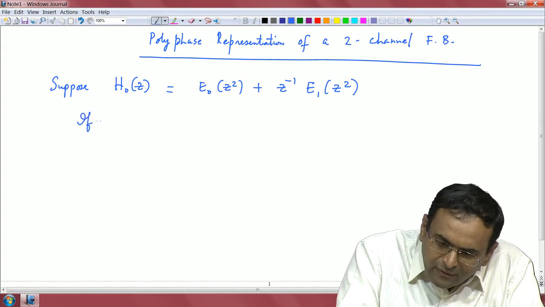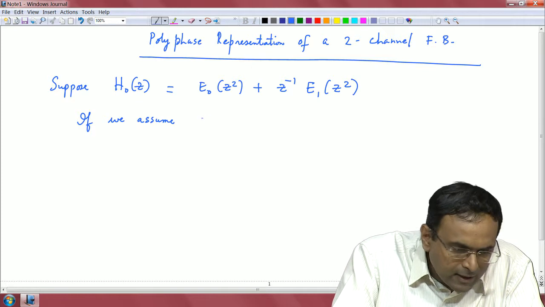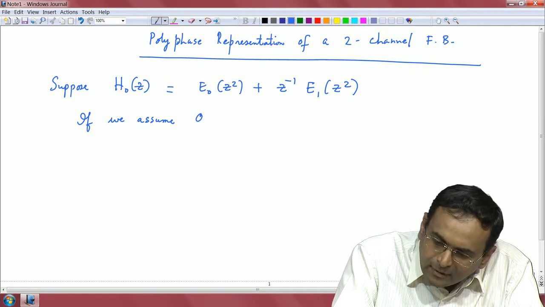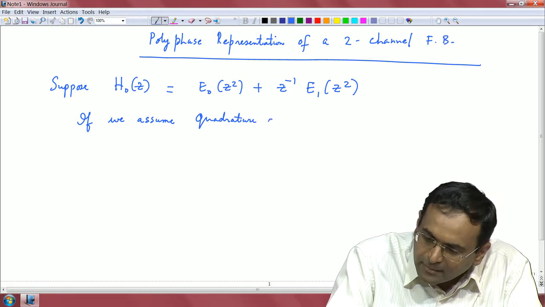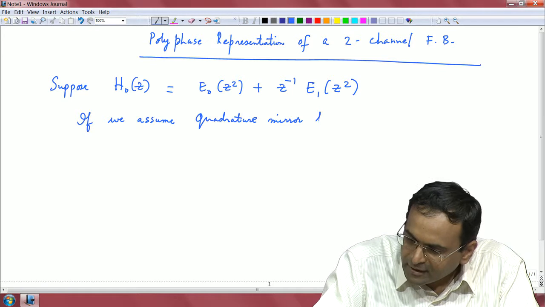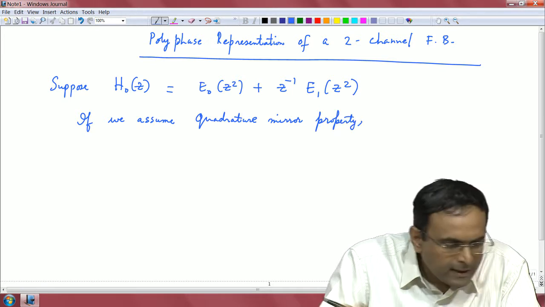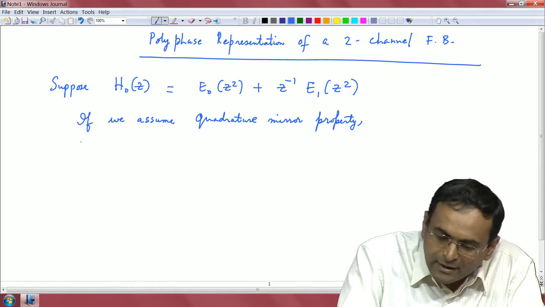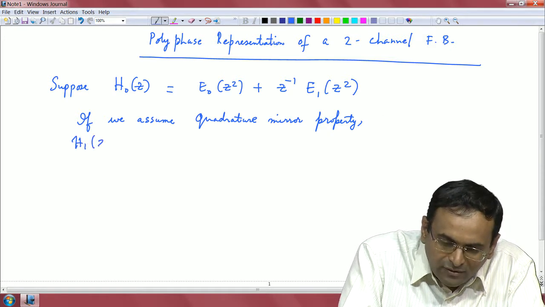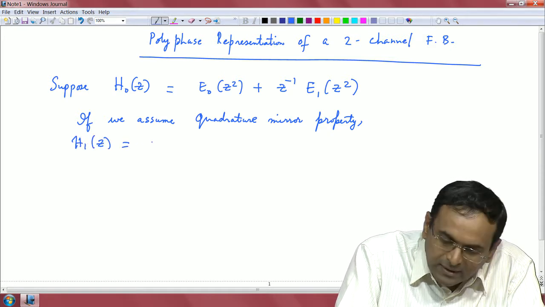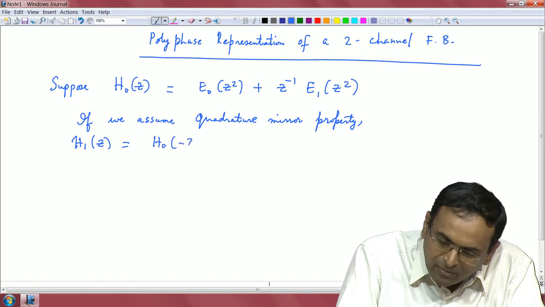If we assume quadrature mirror property, then H1 of z is basically H naught of minus z.